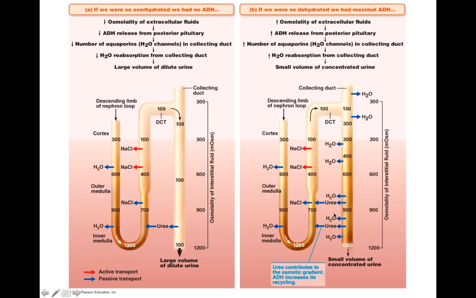And as you go deeper, it becomes even saltier and saltier and saltier. And so you're continually able to reabsorb more and more water to the point where you're able to produce a very, very concentrated urine, 1200 milliosmoles, very concentrated and very small volume because all of the water has left the collecting duct. All water that you can possibly reabsorb has been reabsorbed into your blood.